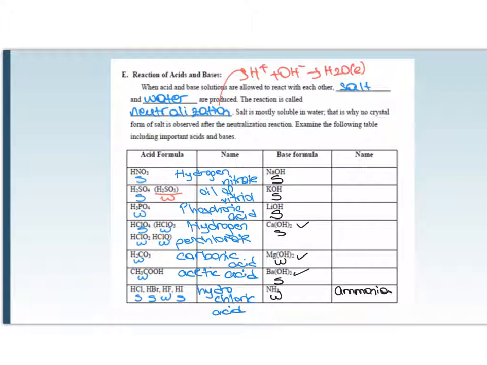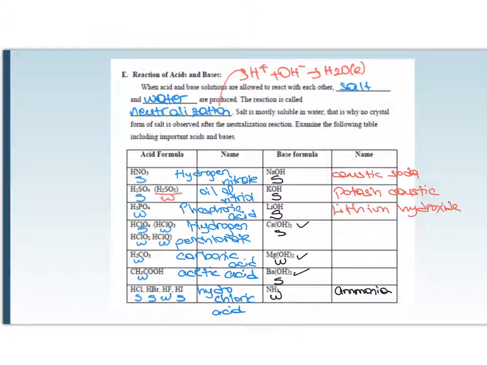Now, what about the bases? The bases also have some special names. For example, the first one is known as caustic soda. The second one is caustic potash. This one does not have a special name, but is known as lithium hydroxide.